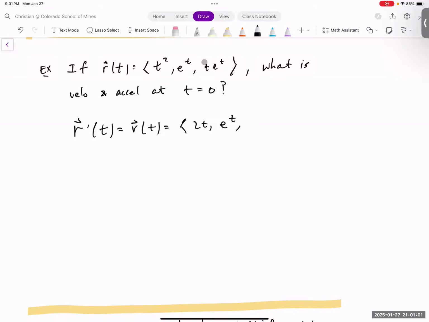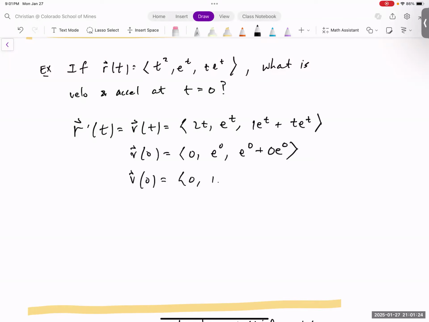Derivative of the first function t is 1 times the second function plus t times the derivative of e to the t, which is e to the t, and we need this at time 0. So velocity is 0 e to the 0, e to the 0 plus 0 e to the 0. Velocity at time 0 is 0, 1, 1 plus 0, so 1, check.